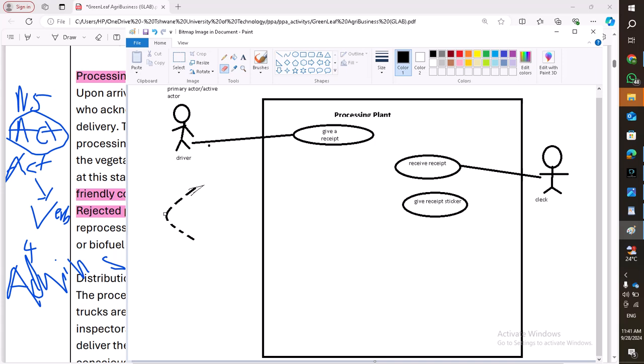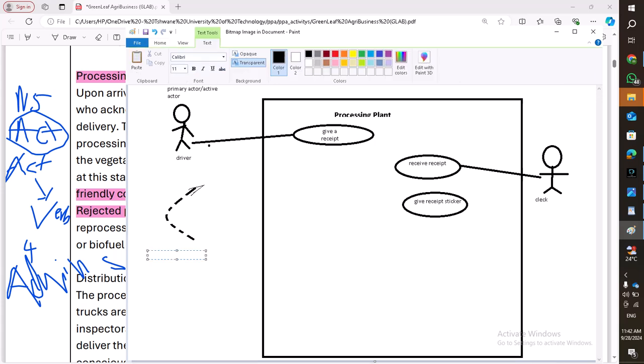This arrow shows the relationship between these two use cases. We have a relationship that we call include, and also a relationship that we call exclude.